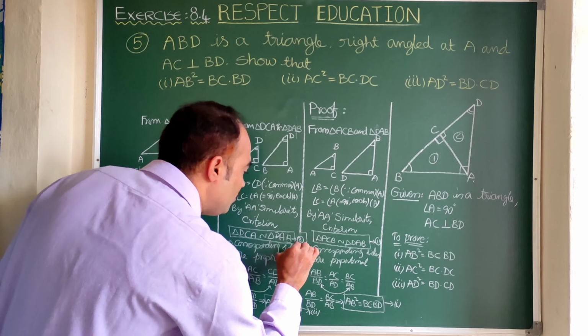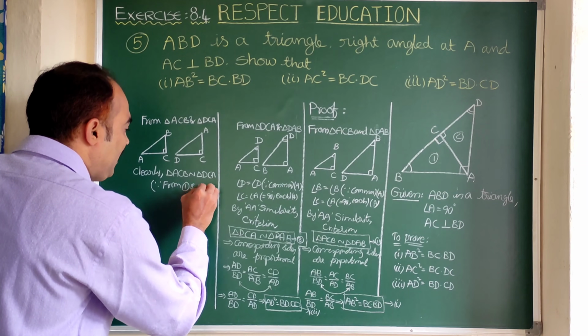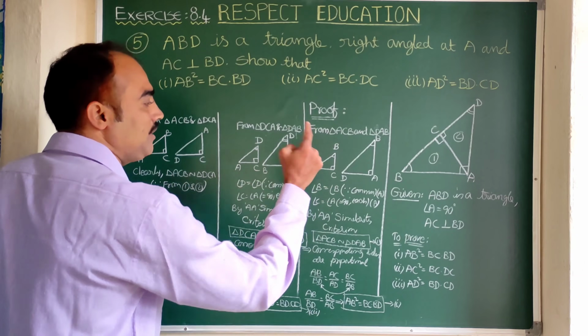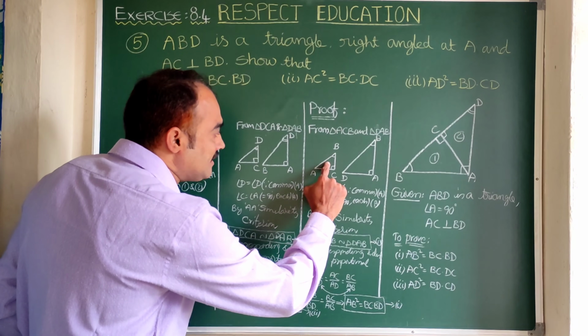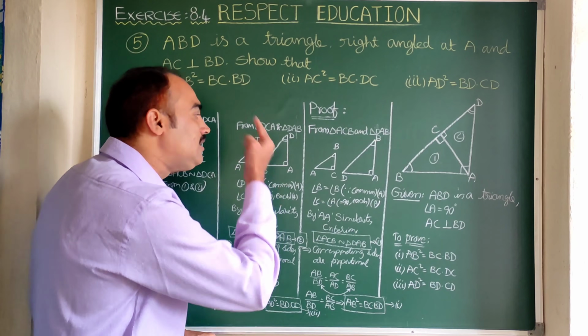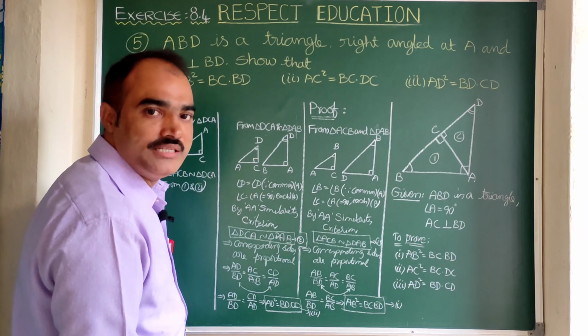So from 1 and 2, we can say directly that these two triangles are similar because this triangle is similar to the whole triangle. At the same time, this triangle is also similar to the whole triangle. Then absolutely these two triangles are also similar to each other.